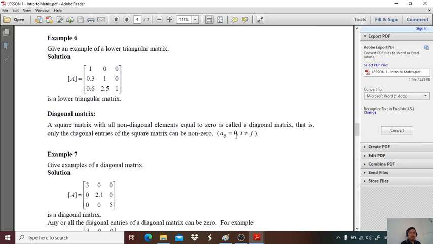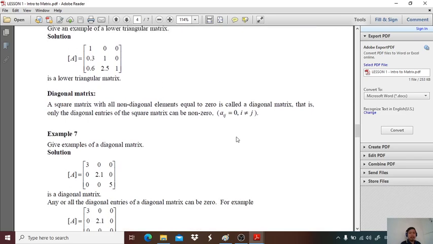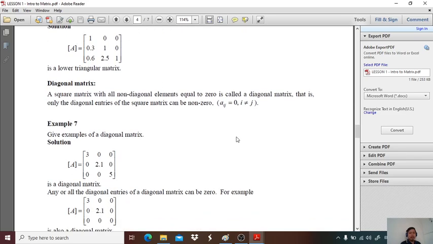Next, the diagonal matrix. In a diagonal matrix, the upper and lower triangular parts are all zeros. So this portion and this part are 0, and we have non-zero entries on the diagonal.